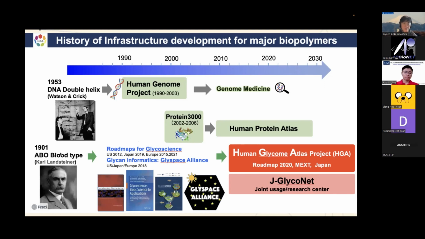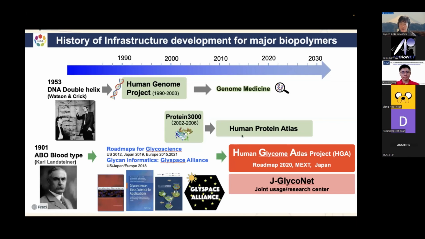And during this time, ABO blood type, where glycans are very important, has been studied, and Japan has for a long time covered glycochemistry and glycoscience research since the 1990s. And then with the Glyco Alliance forming in 2018, it was about time to start the Human Glycome Atlas project. So this project was selected as a roadmap project in 2020 by the Japanese government.